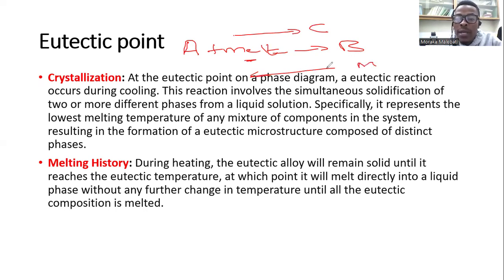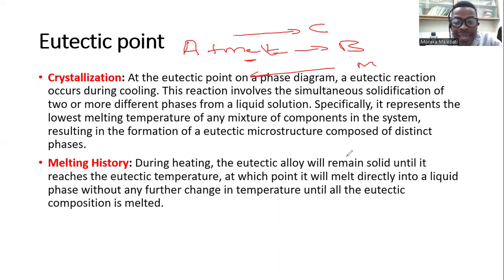So when it comes to melting, when we reach that point, all the B must keep on melting until all of B is melted, and then we remain with A plus melt, which is why we're saying the eutectic alloy will remain solid until it reaches the eutectic temperature, at which point it will melt directly into a liquid phase without further change in temperature.